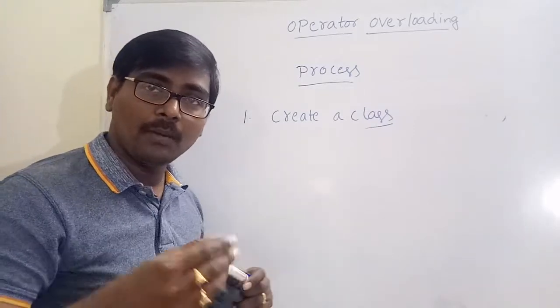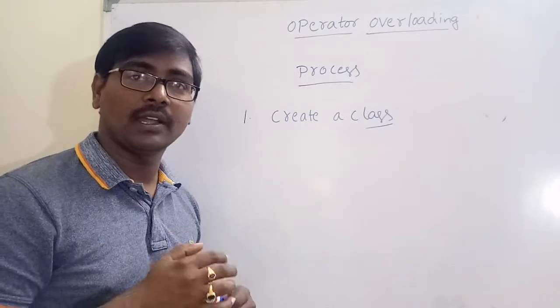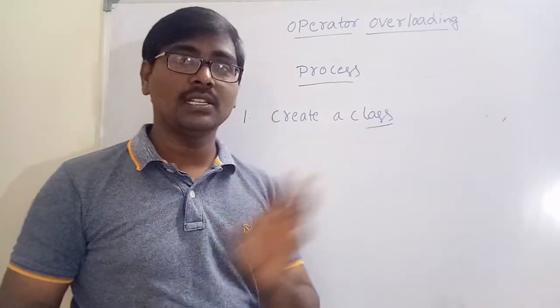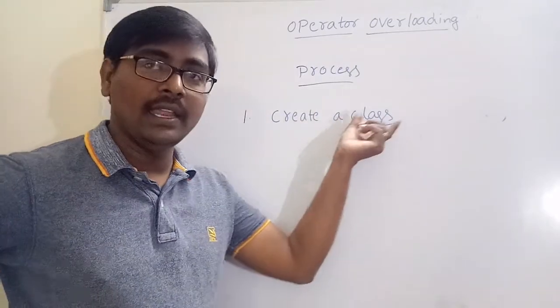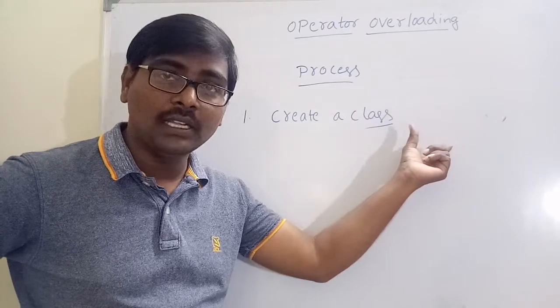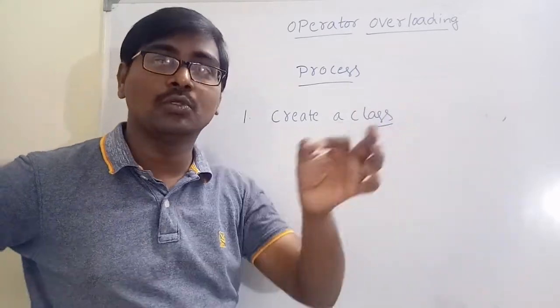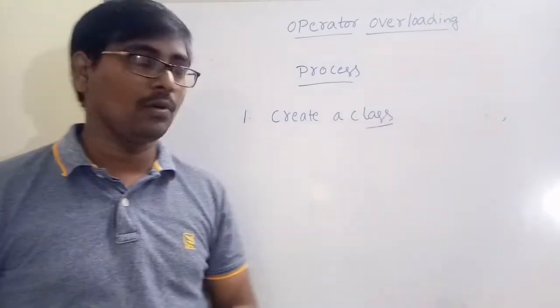We are performing operator overloading on a user-defined data type, and a class is a user-defined data type. So first create a class that defines the particular user-defined data type to perform operator overloading.